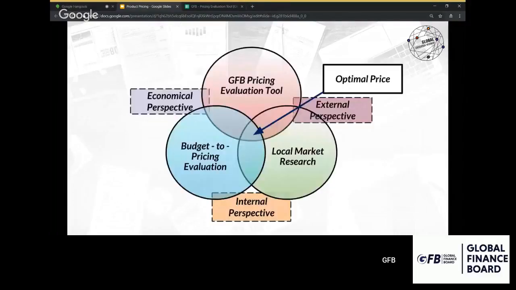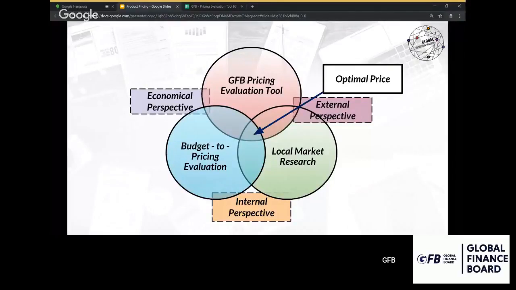Next, let me show you a Venn diagram of these three tools. If we're going to use the pricing evaluation tool and budget to pricing evaluation, or the other word is cost analysis, then it is mainly on economical perspective.